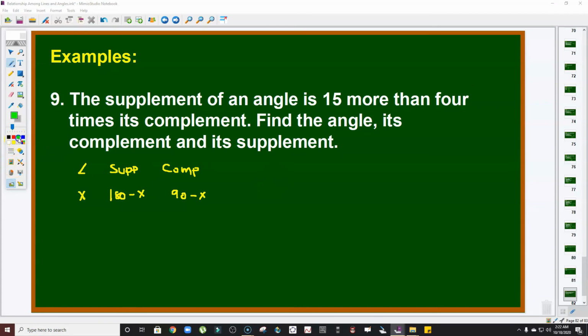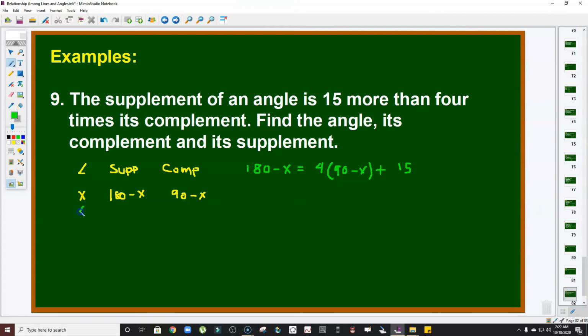Ano yung supplement? 180 minus x. The supplement of an angle is 15 more than 4 times its complement. Ano ba yung complement? 90 minus x. So that will be our working equation.